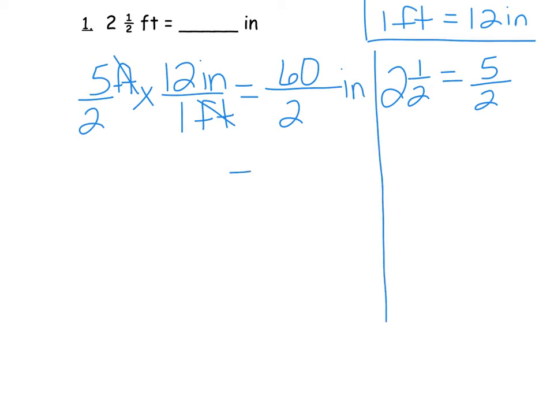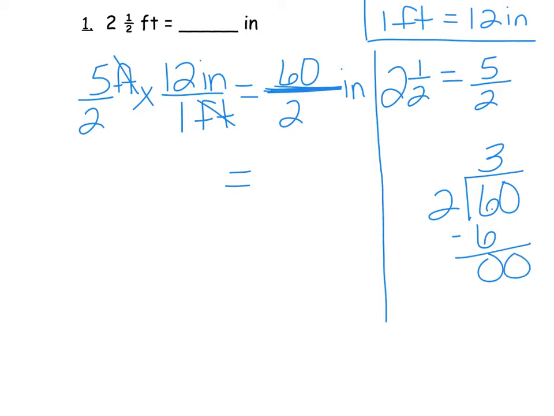Now I need to make that improper fraction a mixed number. So 60 divided by 2. Well, 2 goes into 60. Let's do it. How many 2's fit into 6? 3. 3 times 2 is 6.